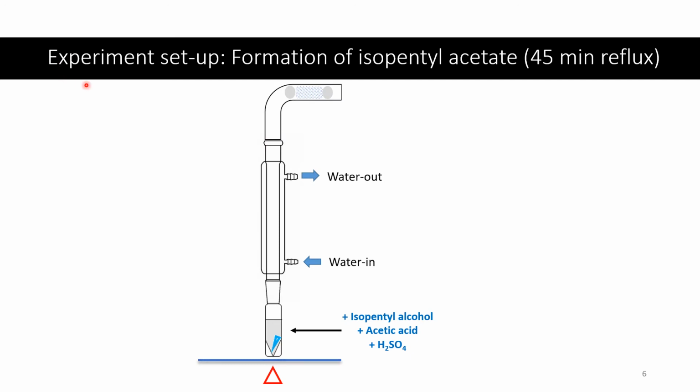Now we have the experiment set up for the experiment today in forming isopentyl acetate. We have isopentyl alcohol, acetic acid, and sulfuric acid all combined in a 5 mL vial with a spin vane, and we fix it to a condenser in order to allow refluxing for a long period of time, for 45 minutes.